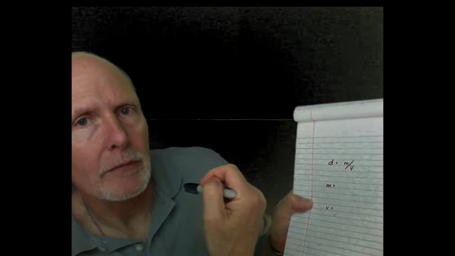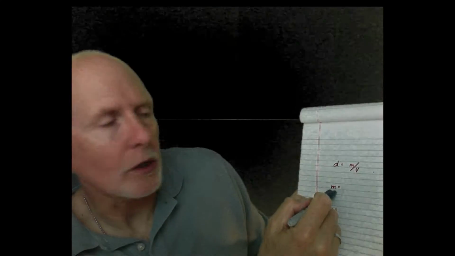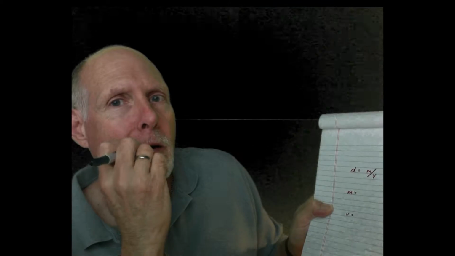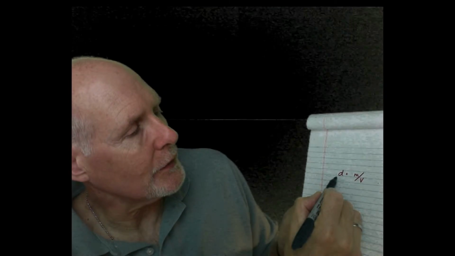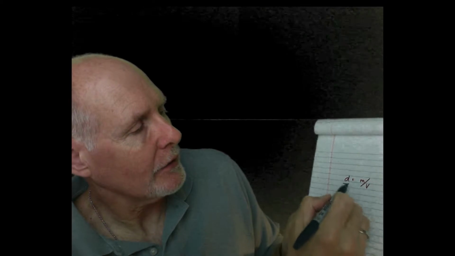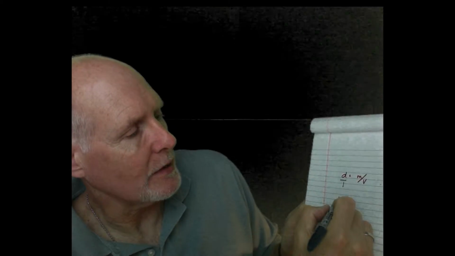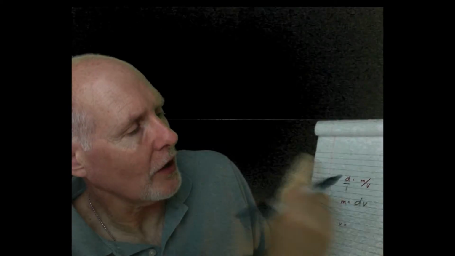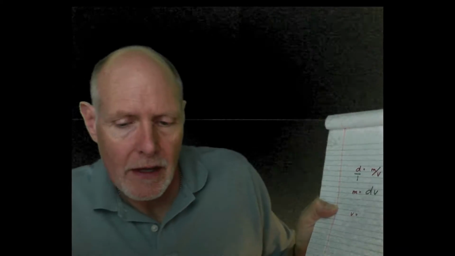So we know that density is mass divided by volume. So what would mass equal from this equation? Well, that's really easy to solve because all we have to do is put a 1 over this, and we can cross multiply. So we have 1 times m equals m, and then we have density times volume is equal to mass. We can do the same thing to figure out what volume would be equal to.